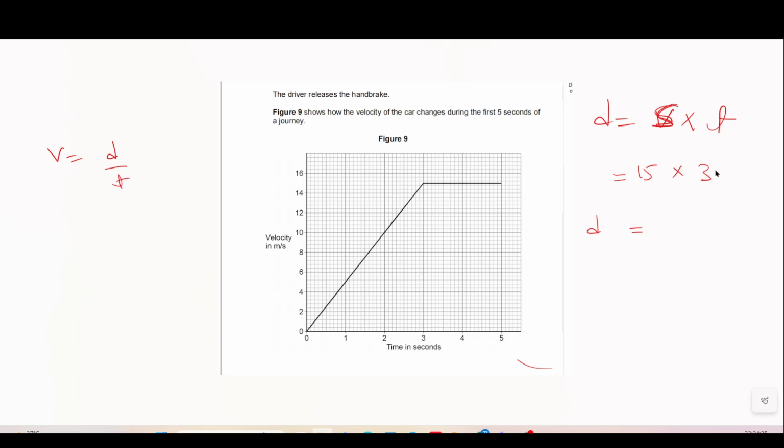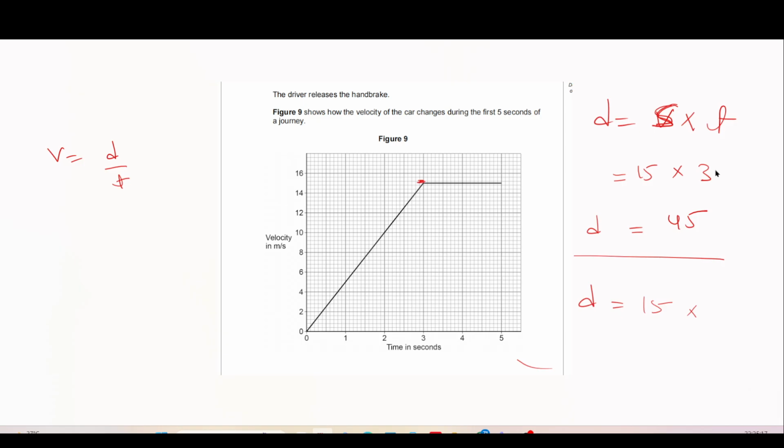And then it stayed at 15 for 2 more seconds. So for two more seconds you will have to find the distance, because here, as you can see, the velocity is constant, not 0. Velocity is 15, but it is not changing, right?